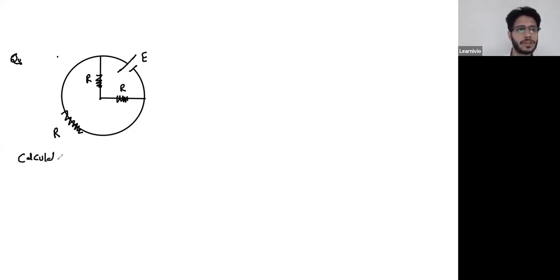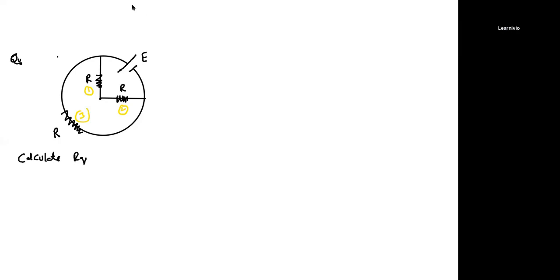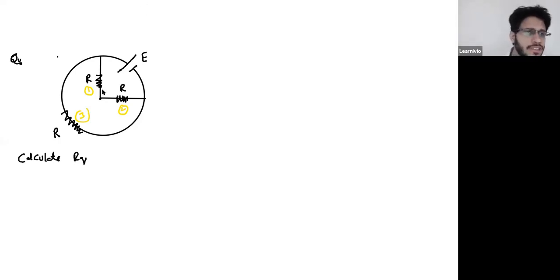Solve this circuit and get the value of R equivalent. This is 1, this is 2, this is 3. It's a very simple circuit. All these three are not in series. See, check it.